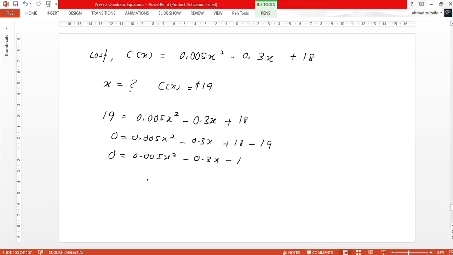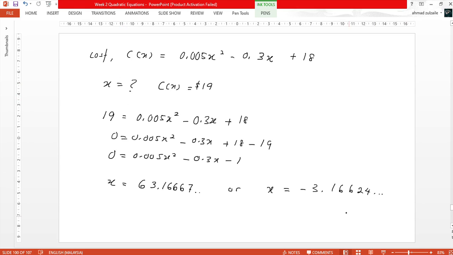So over here, just simply press your calculator using the EQN mode to solve your x. Your x will be 63.16667, and another one is x equal to negative 3.16624, and so on. However, since the equation asks what is our x, your x must be an item.